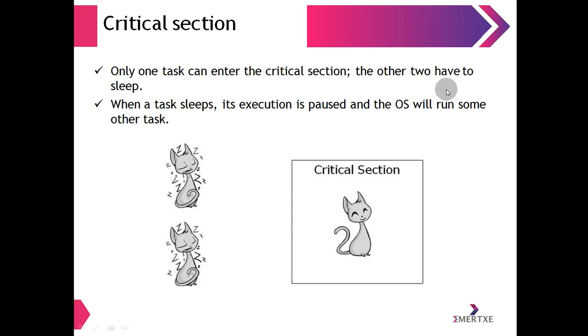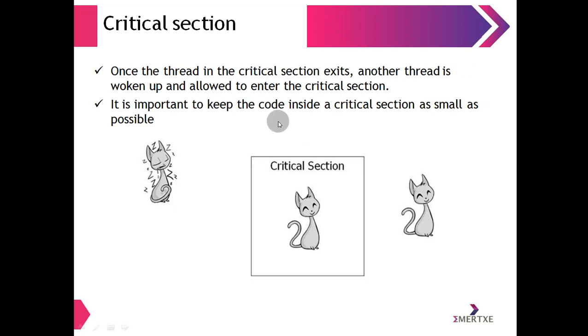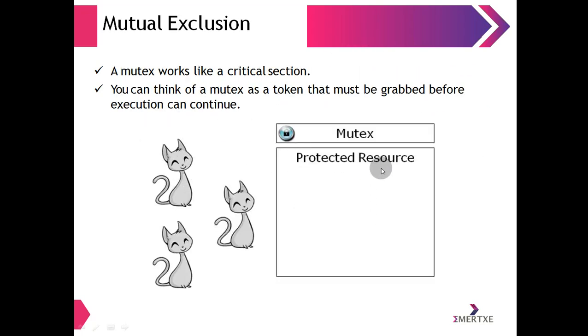To solve this problem, we come up with a solution which considers a token system. This token system is known as the mutex, and it works like a critical section, and that's why the process is known as mutual exclusion. It means all those tasks will be mutually excluded according to the possession of the mutex, or the token.